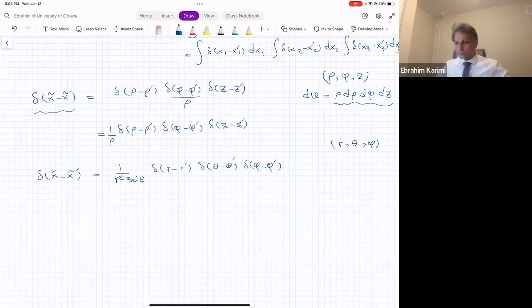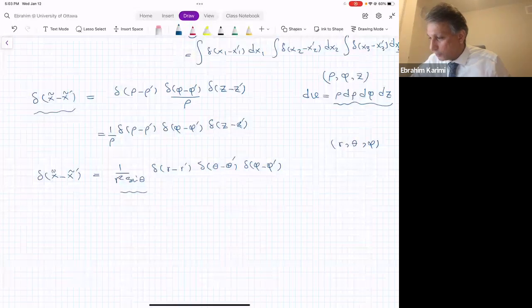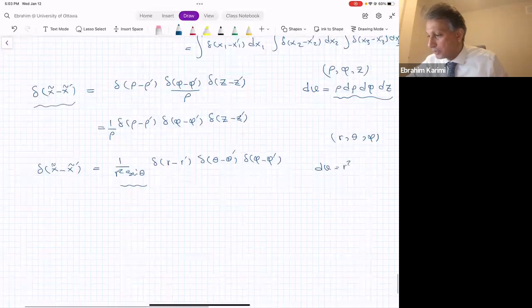Good. And for the coefficients, if you want to remember, the volume in spherical coordinates was given by r squared sine of theta dr d phi d theta.